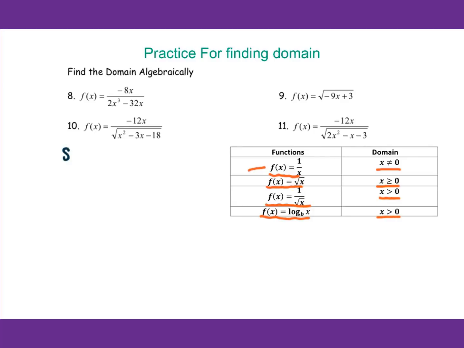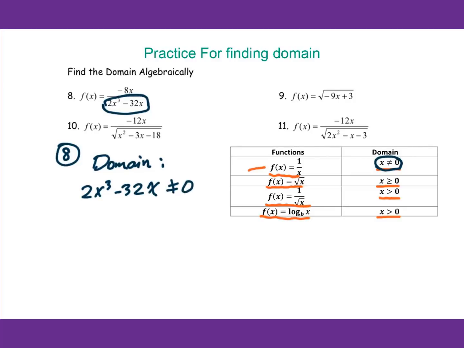For number 8, we know this is a rational function, so we have to make sure the denominator is not equal to 0. This is the denominator. So we set up the domain. That is 2x to the third power minus 32x not equal to 0. Common factor, that's 2x. We got x squared minus 16 not equal to 0.